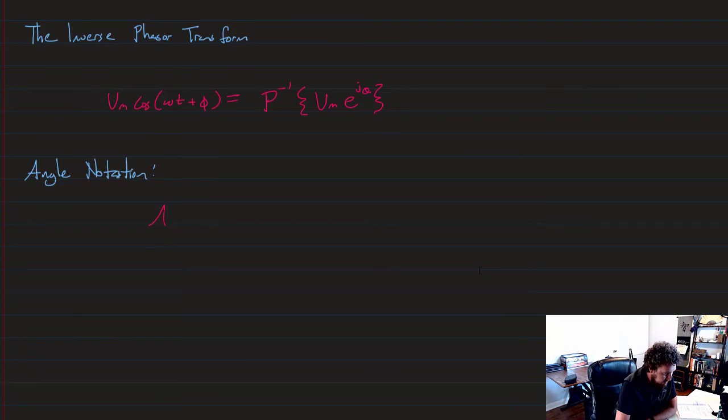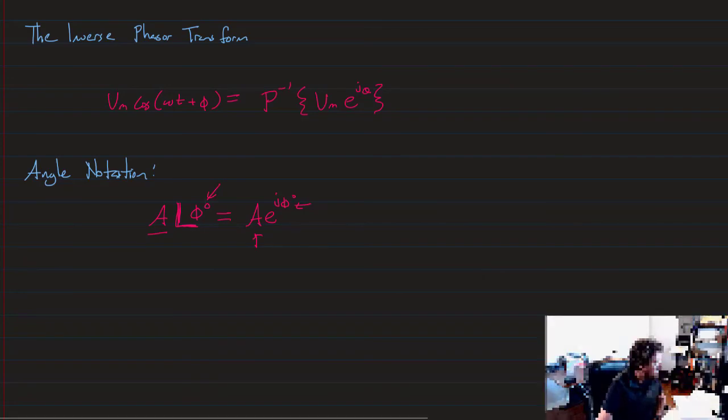We have the amplitude, and then this little angle symbol, and then phi in degrees, and that's equal to A e to the j phi. So there we go. We take the amplitude, the Vm or the Im, and the phase angle, and we just write those as the amplitude, this little angle bracket, and then the phase angle. And that's all there is to it.